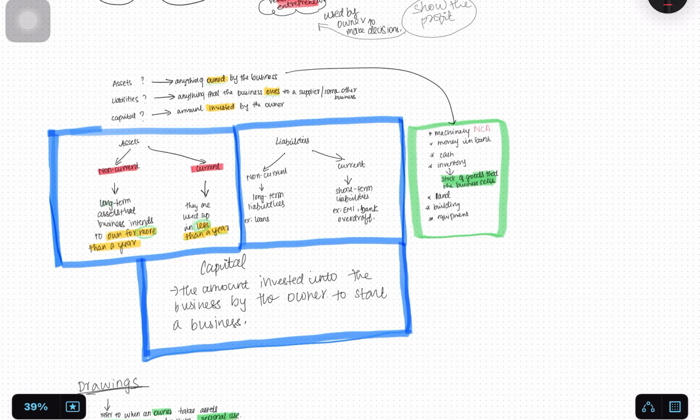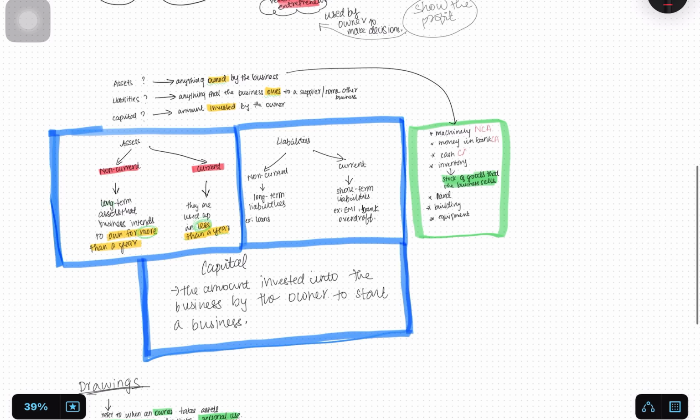Money in bank, usually businesses classify as a current asset because they have day-to-day expenses, for example, fuel costs, delivery costs, buying from suppliers, giving daily wages to certain employees who work for a few hours. So it is a current asset. Next is cash. Cash can also be spent quickly, so it is considered a current asset. Inventory is usually sold in less than a year, so that is also a current asset.